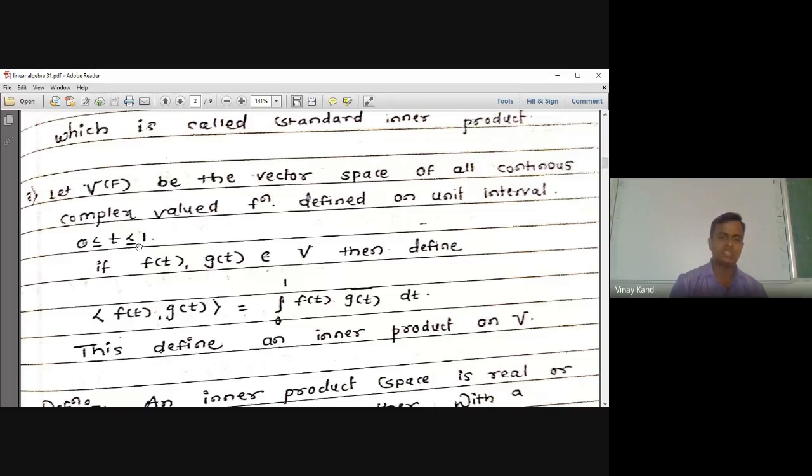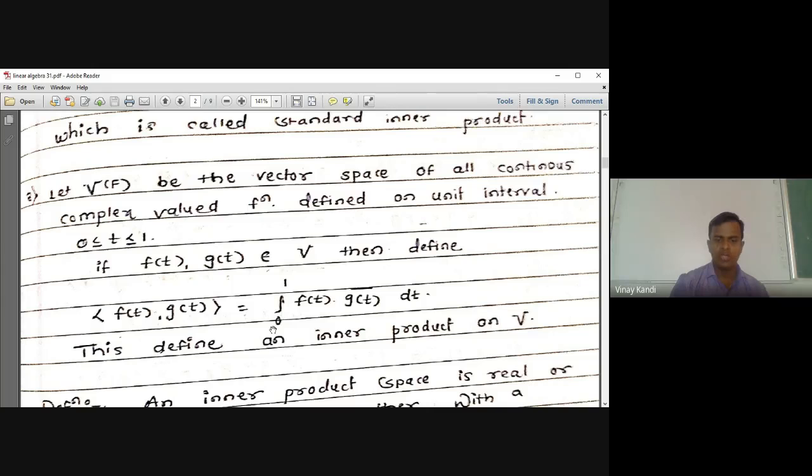If f of t and g of t belong to V, then we define the inner product of these two functions as the integration from 0 to 1 of f of t into g of t bar dt.